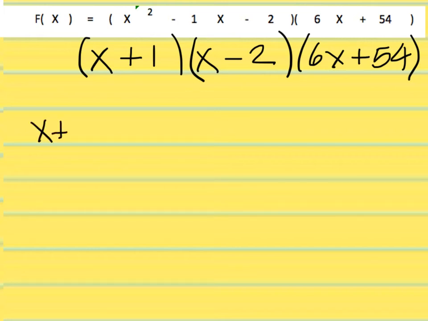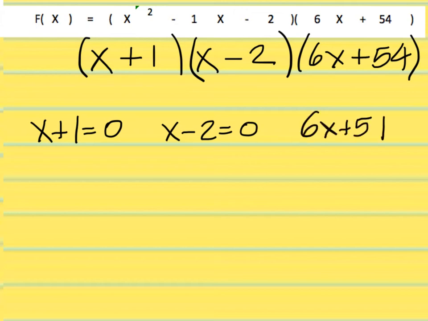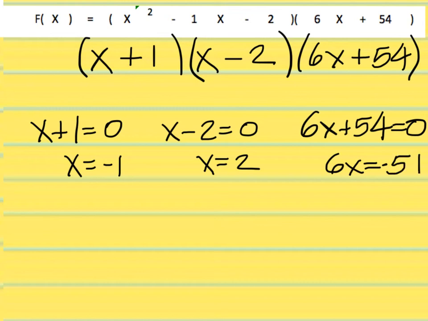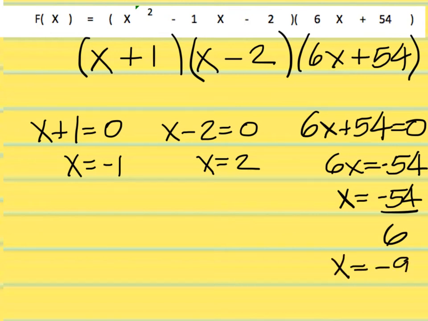So you need x plus 1 equals 0, x minus 2 equals 0, 6x plus 54 equals 0. So negative 1, 2, and 6x equals negative 54. Divide negative 54 by 6 and get a negative 9. So negative 1, 2, negative 9.